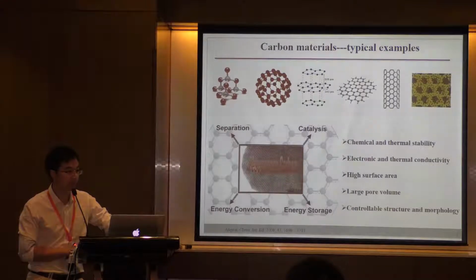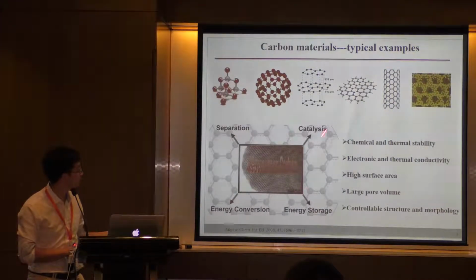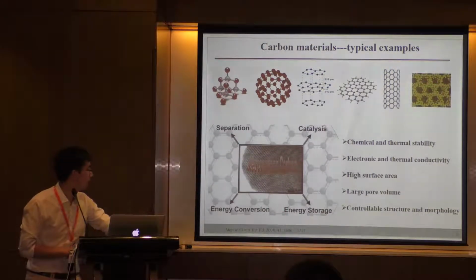For example, for mesoporous carbon materials, we can get around 3,000 square meters per gram at the moment, and also very large pore volumes, which is not the case for graphene or carbon nanotubes. They have very wide applications, for example, separation, catalysis, energy storage, and conversion.